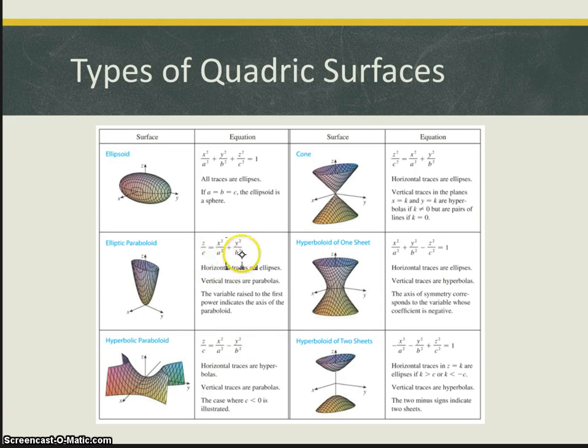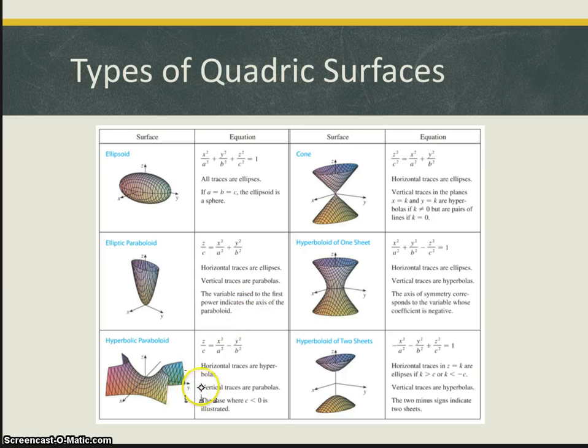Notice that those denominators could be a variety of different constants. What's important to know here is horizontal traces are going to end up being ellipses. The vertical traces are going to be parabolas. And the variable raised to the first power indicates the axis about which the paraboloid is centered.